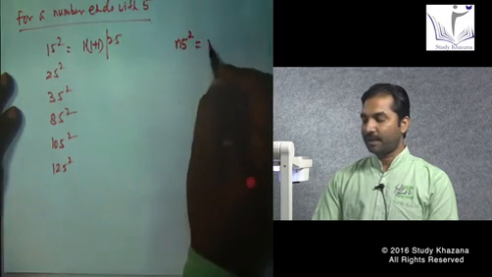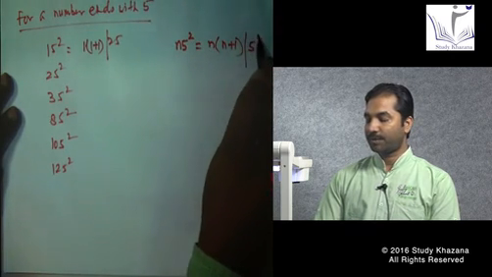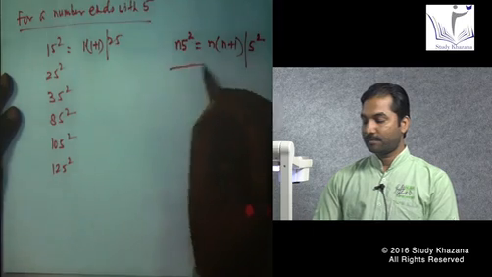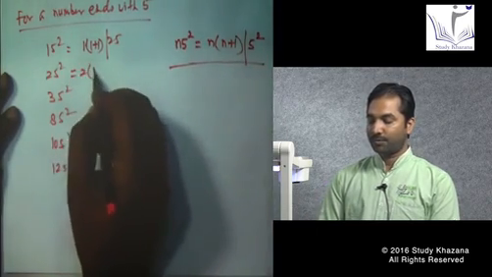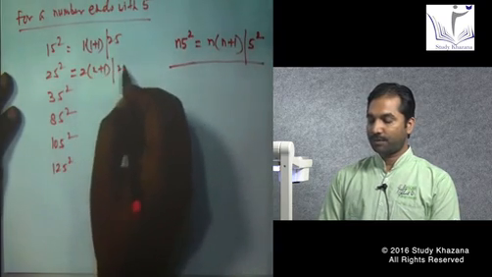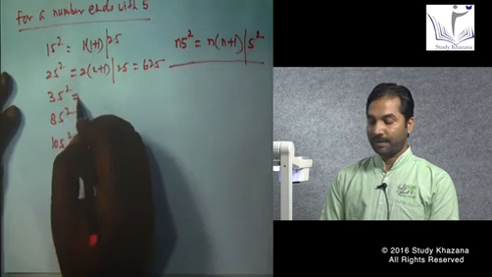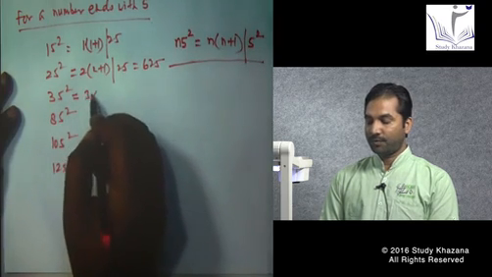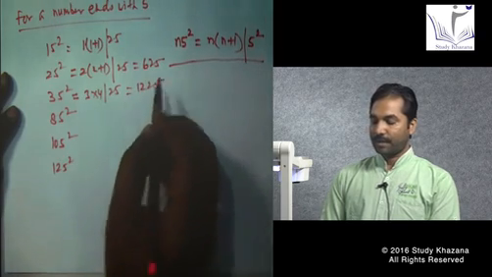It means n into n plus 1 and 25. For 25, it is 2 into 2 plus 1, it is 6, and 25, equal to 625. For 35, it becomes 3 into 4, 12, and 25, it is 1225, and so on.